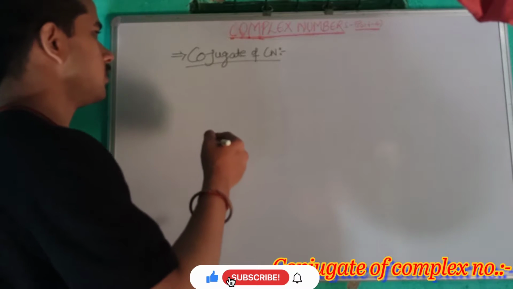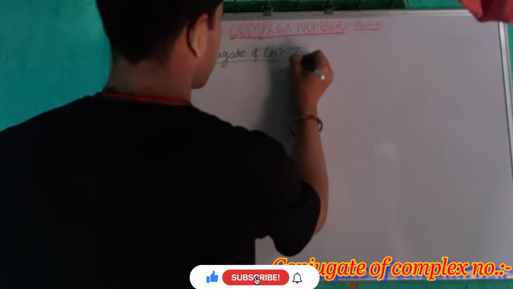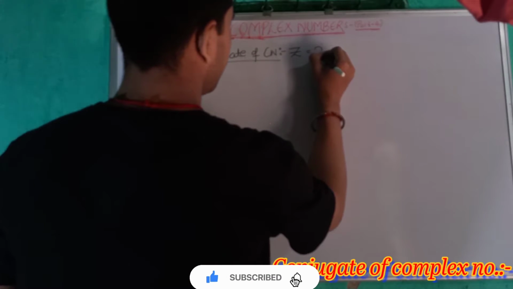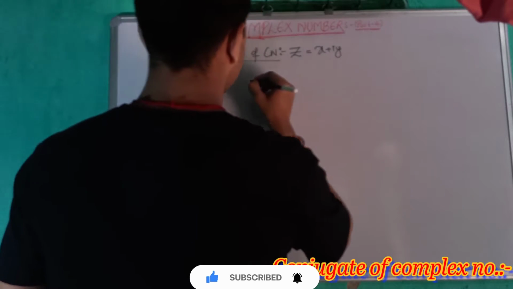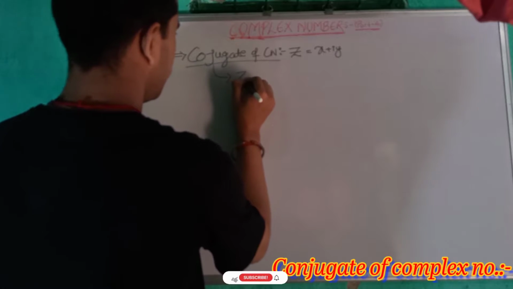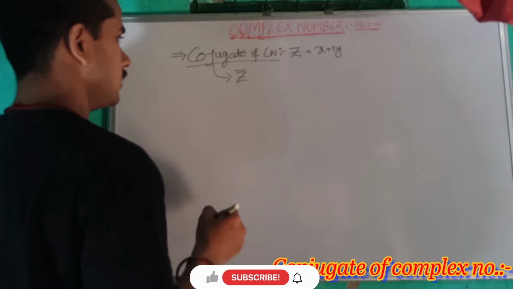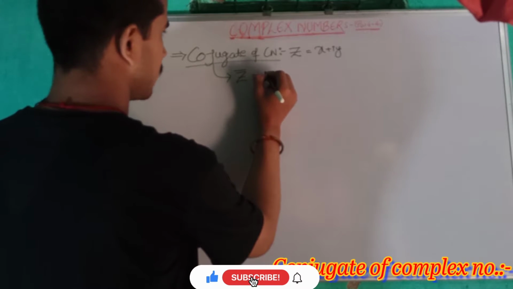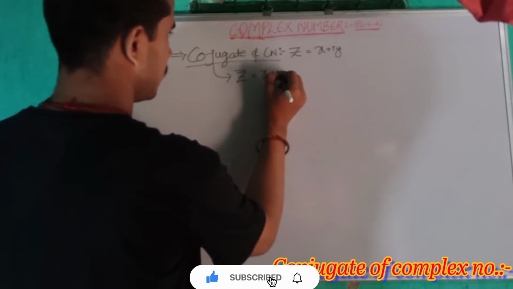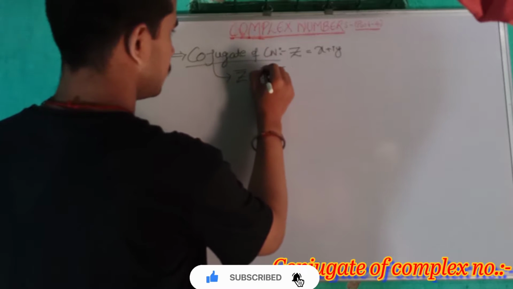Like, if you take the example, suppose we have a complex number z is equal to x plus iy. Then its conjugate is denoted by having a bar above the z, or we can also write it as x plus iy with a bar above it.